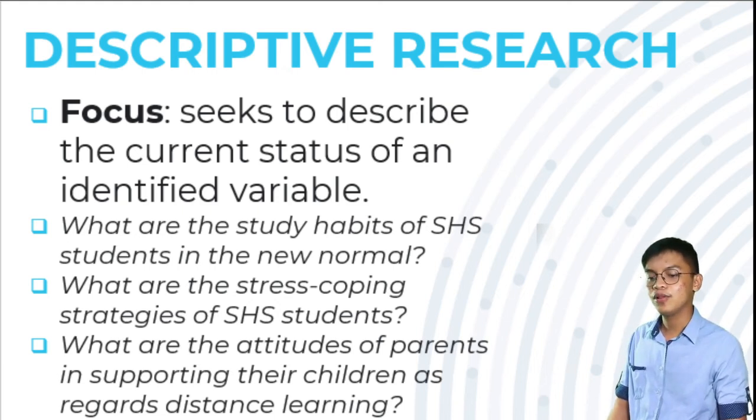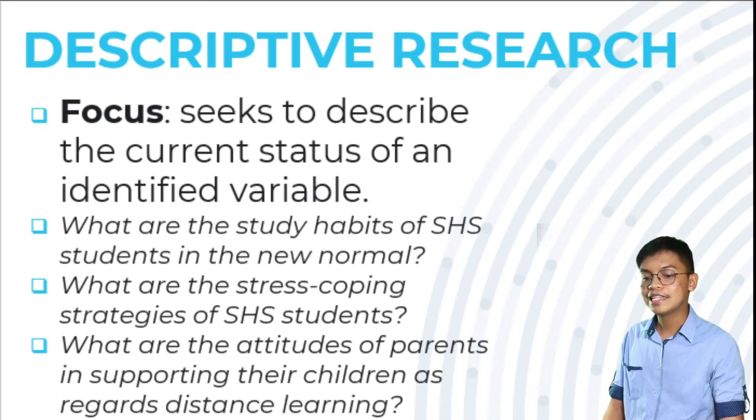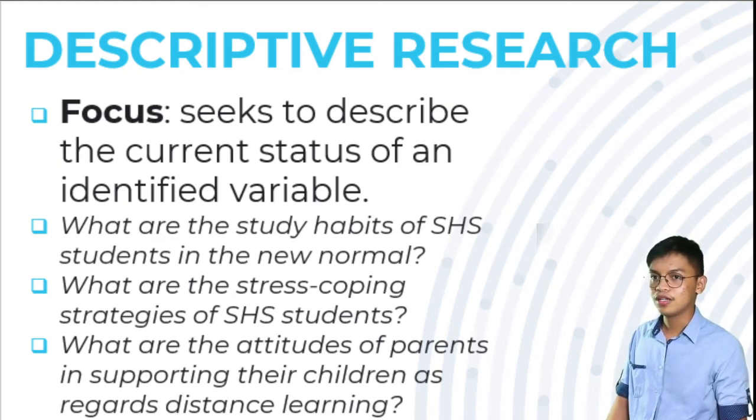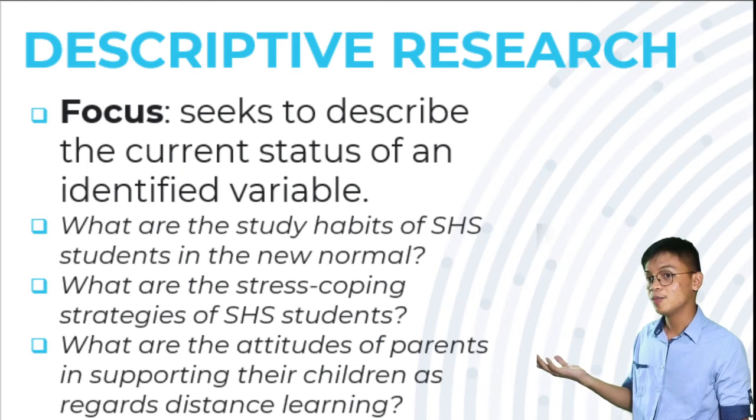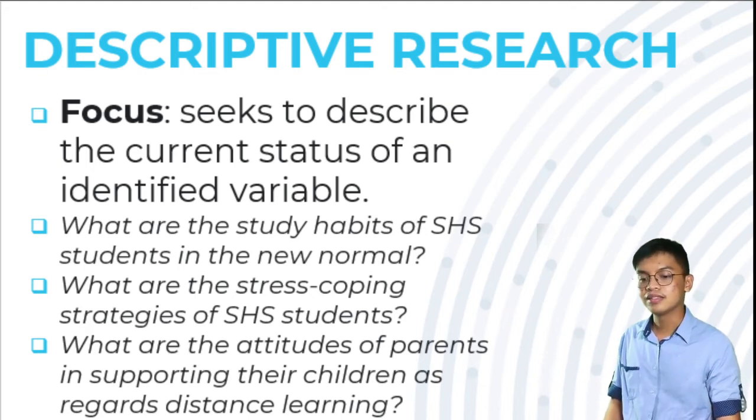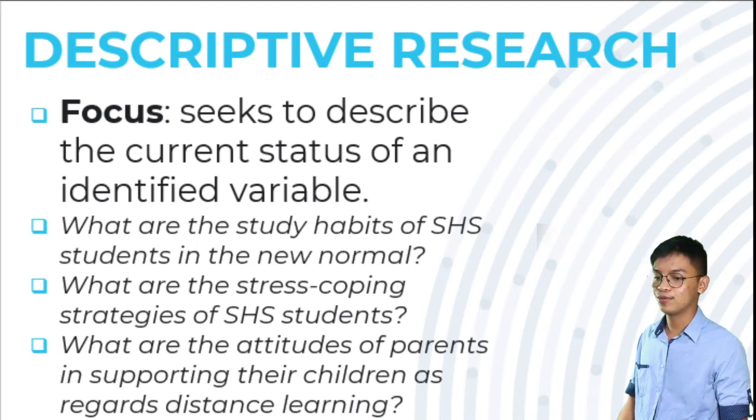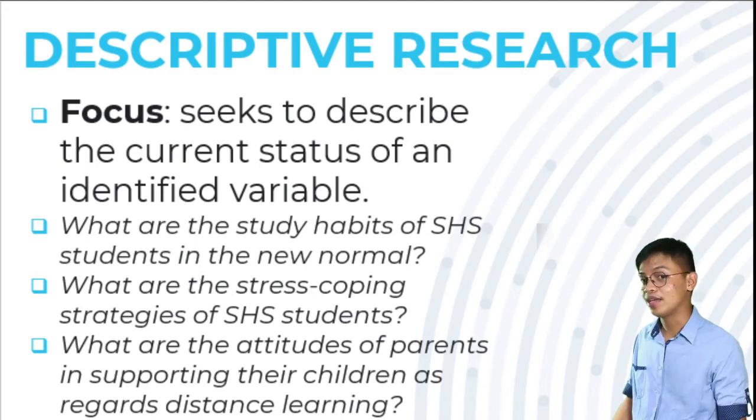Say, for example, you want to study the study habits of senior high school students. So you just get their response through a survey questionnaire. You run the data through your software, through statistics, and there you have it, the study habits of senior high school students. You're just describing it. Another example would be, what could be the stress coping strategies of students?